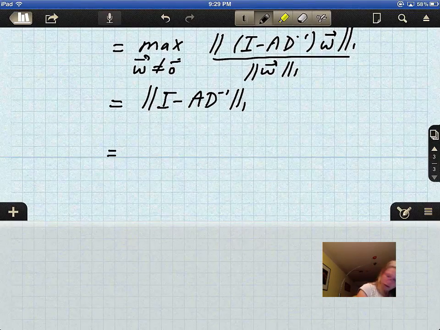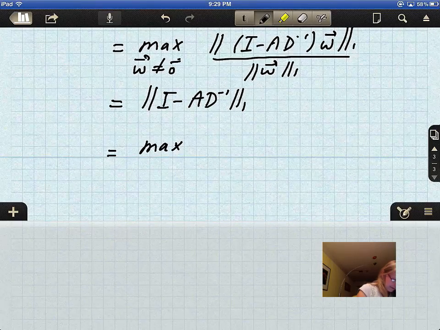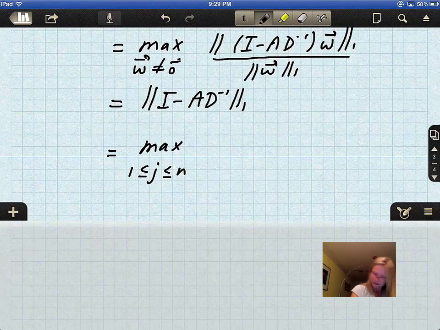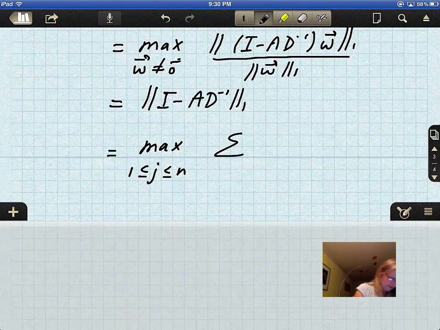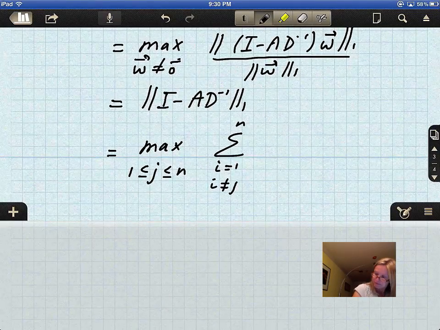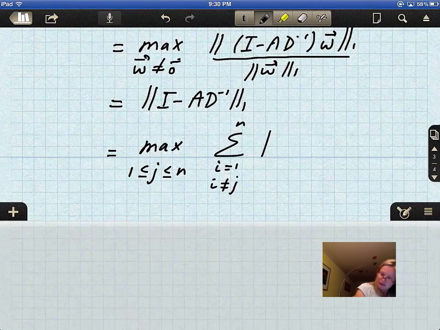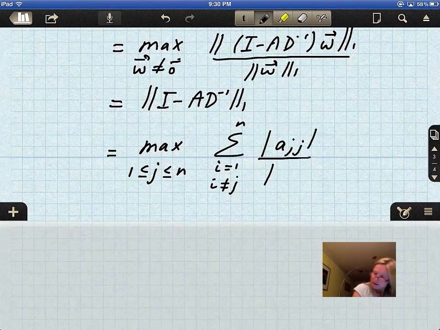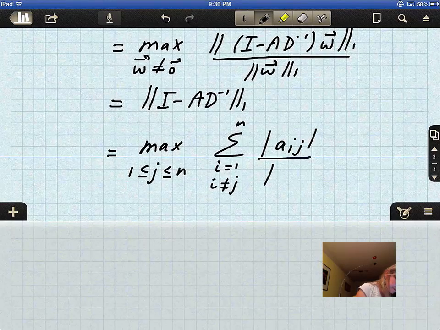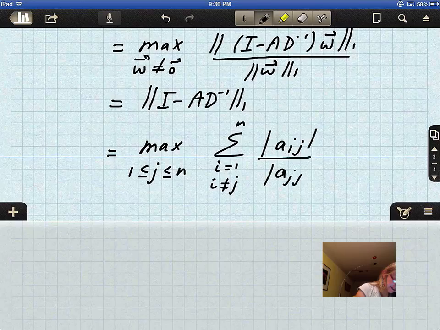So this is equal to the max over all columns of the sum from i is 1 to n and i not equal to j of the absolute value of a_ij divided by, oh sorry, here this should be an i, and here we get a_jj.